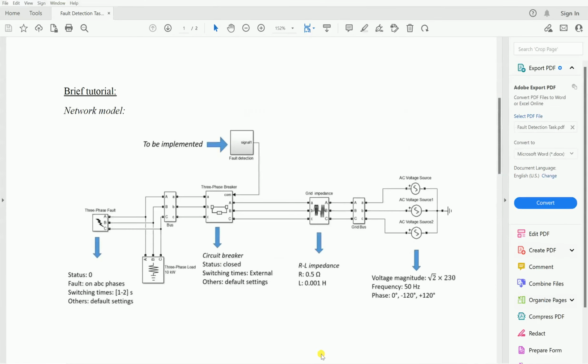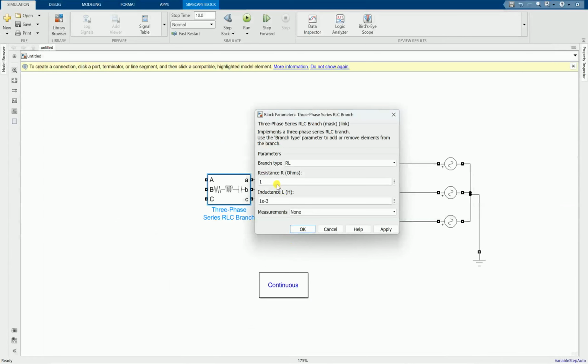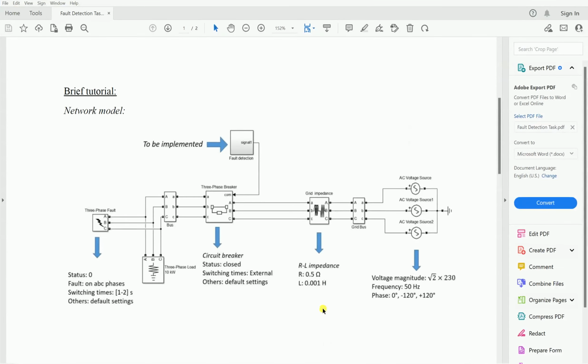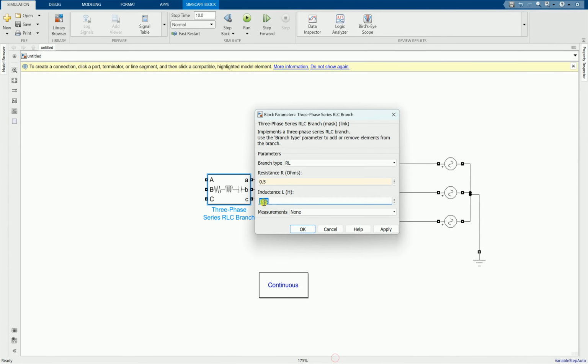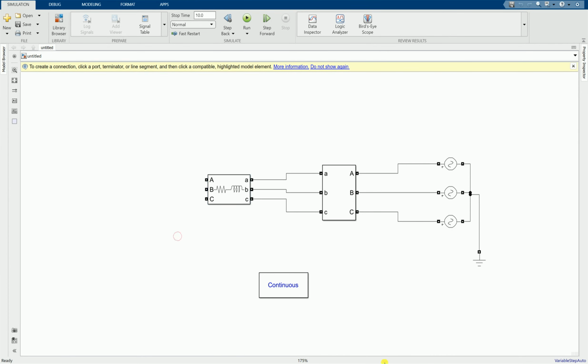We have here 0.5 ohms, like this. And what's the value of inductance? 0.001. So it will be 1 multiplied by 10 to the power negative 3. Okay, what is next?